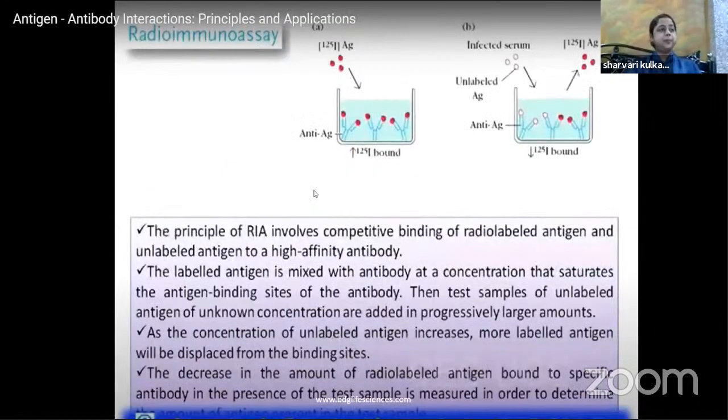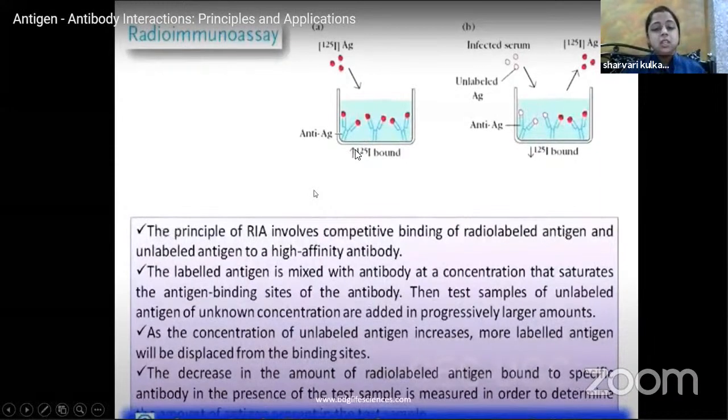Let us see the principle of radioimmunoassay. The principle of RIA basically involves competitive binding of radiolabeled antigen and unlabeled antigen to high affinity antibody. So what is the procedure here? The labeled antigen is mixed with antibody at a concentration that saturates the antigen binding sites of the antibody.